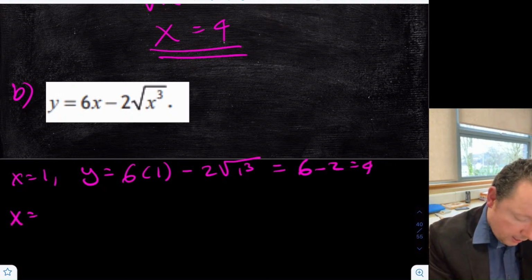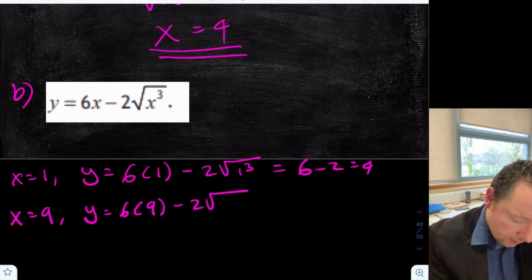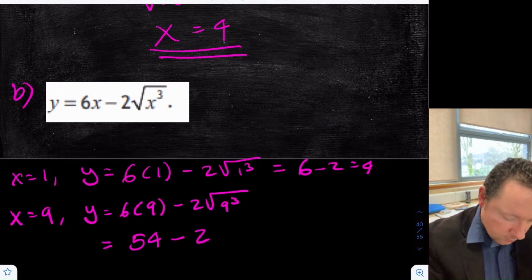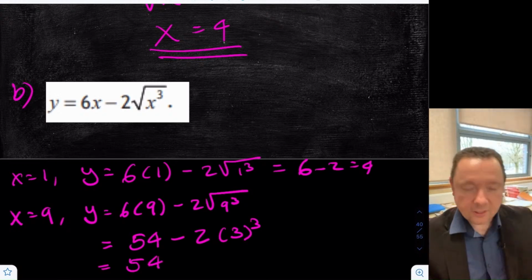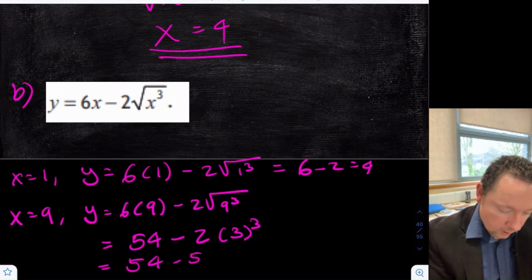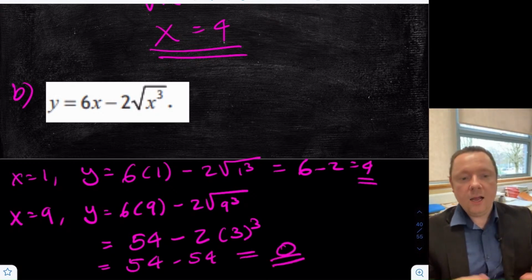At x equal to 9, the other one, y equals 6 times 9, minus 2 times the square root of 9 cubed. 6 times 9 is 54, minus the square root of 9 is 3, so 2 times 3 cubed. 3 3's are 9 times 3 is 27, 27 times 2 is 54, that gives me a big 0 is the answer at the limits.